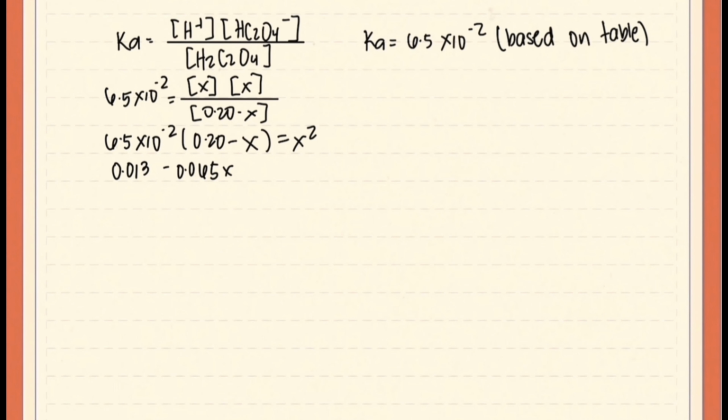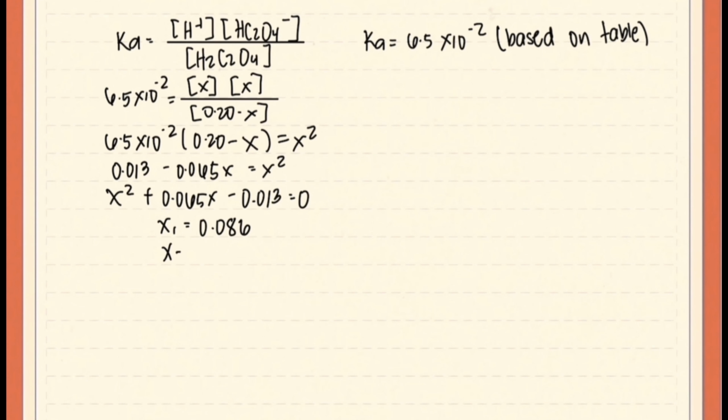Further simplification sa ating equation will lead us to x squared plus 0.065x minus 0.013 is equal to 0. Pwede na nating masolve yung values ng ating x using quadratic equation, which is 0.086 and negative 0.151.